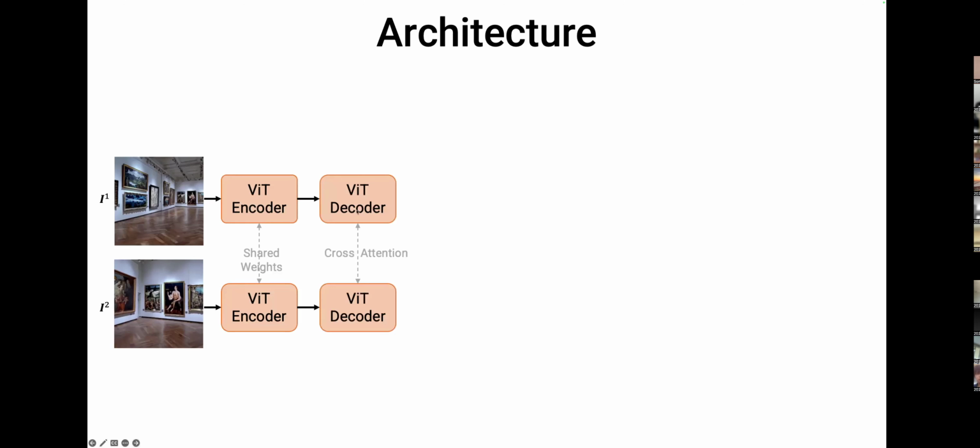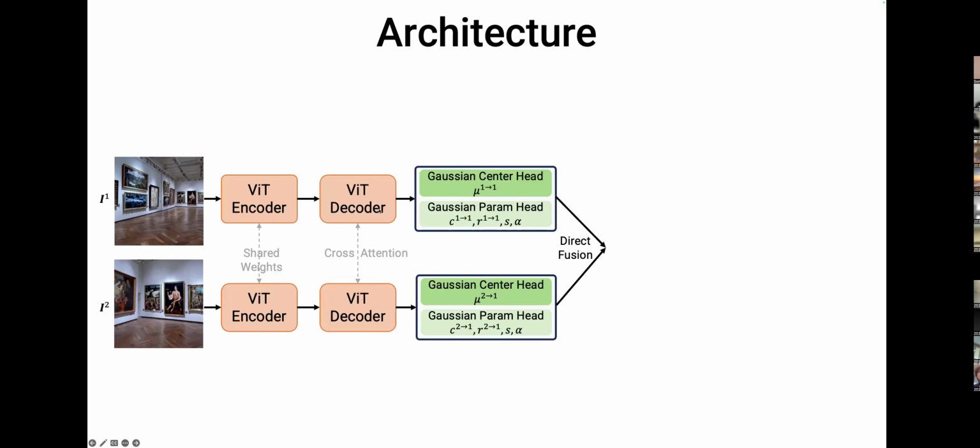Then you use the ViT decoder with some cross attention between views. The decoded features directly output the Gaussian center head, which is basically the so-called point map, and then you use another head to output all the remaining Gaussian parameters.